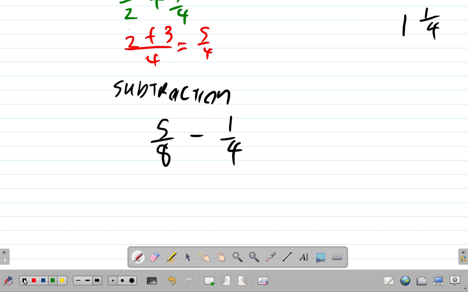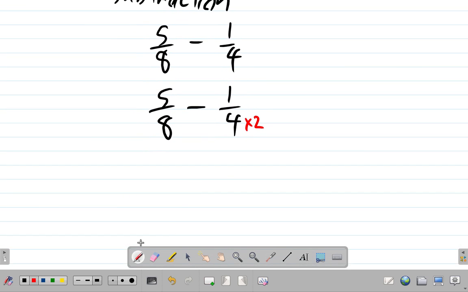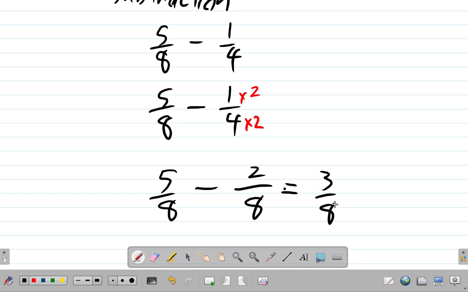If you multiply 4 by 2, you're going to get 5/8 minus something over 8. But what would that something have been? You must multiply the top by 2. 2 times 1 is 2. So 5/8 minus 2/8. If you have 5 of something and you take away 2 of the thing, you have 3 left, 3/8.